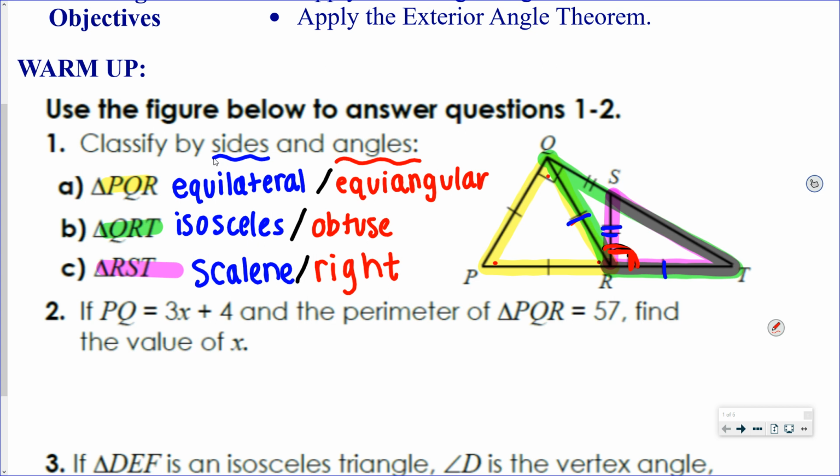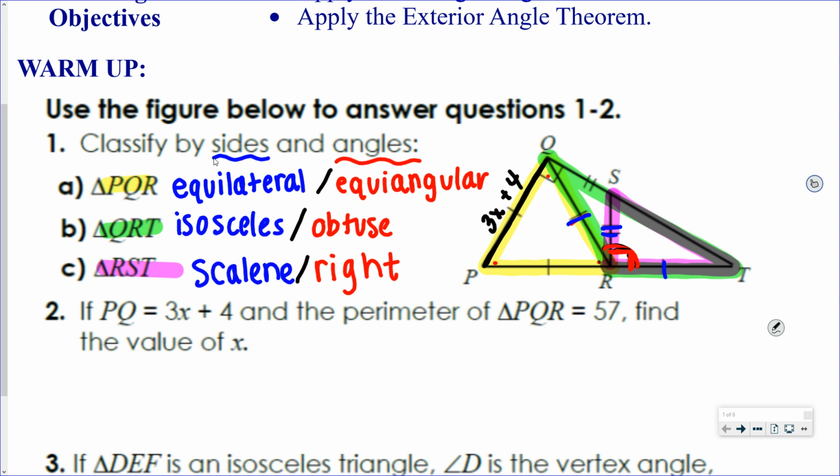Okay. Number 2 also goes with this diagram. It says if PQ is 3x plus 4, so I'm talking about this one right here, and the perimeter, oh, how fun, connection from chapter 1. Perimeter of PQR, that was the one I outlined in yellow, is 57. Find the value of x.